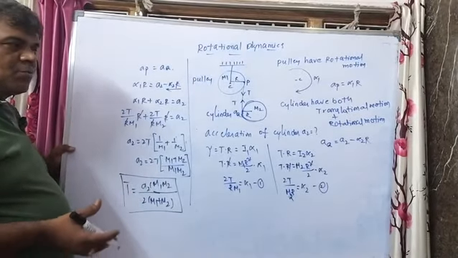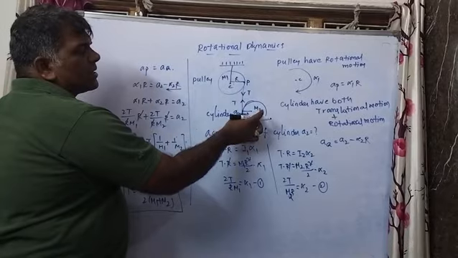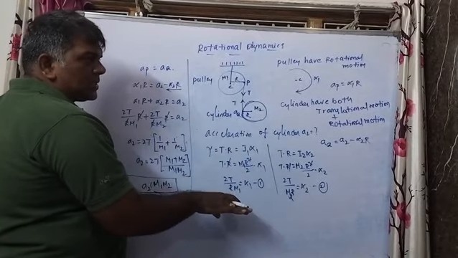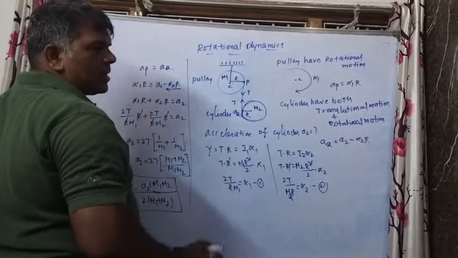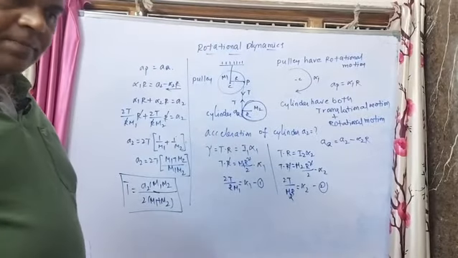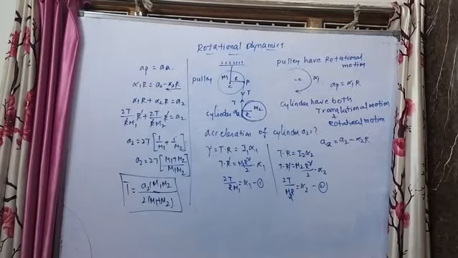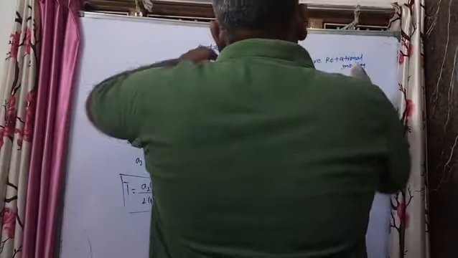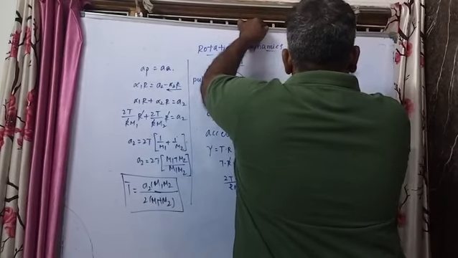Constraint relation, equation of motion. What about the equation of motion? The cylinder is rolling downwards as well as rotating. How to write the cylinder's kinematic equation? See here, the cylinder is also moving downwards.